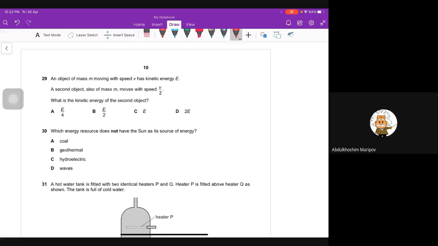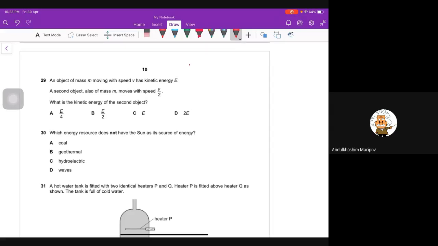29. An object of mass m moving with speed v has kinetic energy E. The second object, also of mass m, moves with speed v over 2. What is the kinetic energy of the second object in terms of E? There are two objects. The first one has mass m and is moving with v.